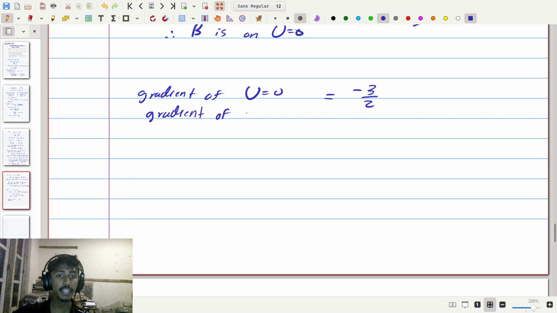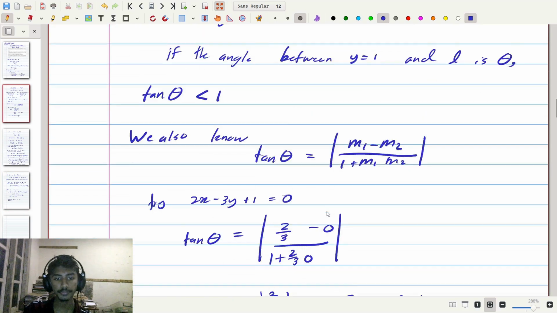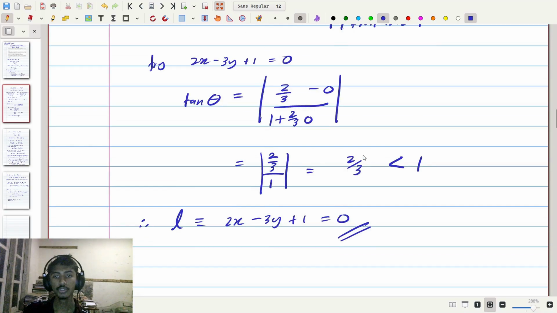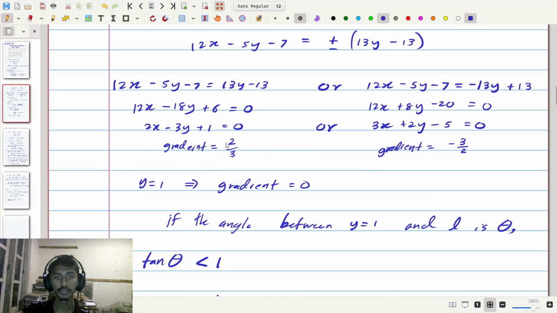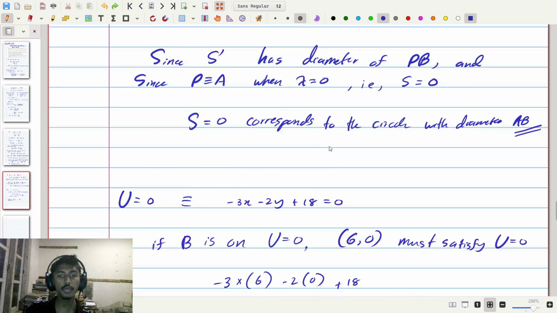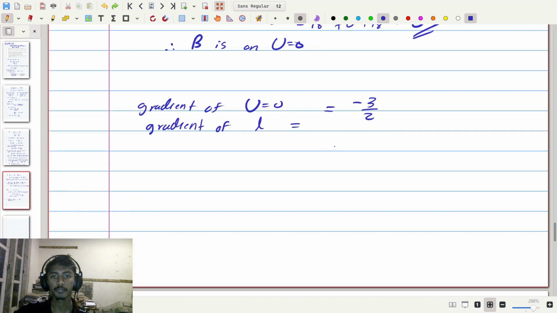So I can check that by taking the gradient of L, which as we found above was equal to 2/3. Multiplying minus 3/2 times 2/3 gets us minus 1, since the 3 and 3 cancel, and the 2 and 2 cancel, leaving us with just minus 1.